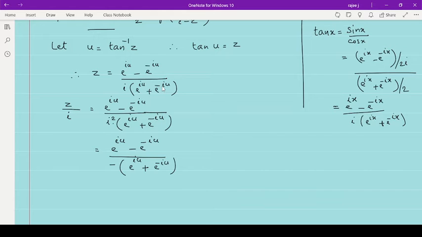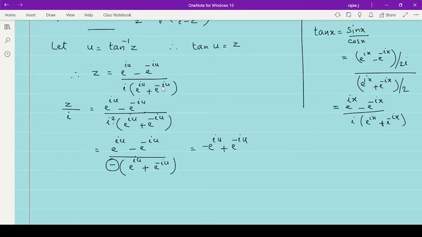So what we can do is take this negative to the numerator, or multiply the numerator with a negative sign. So the numerator becomes e raised to minus iu minus e raised to iu; this becomes positive, this becomes negative. Otherwise you can write minus e raised to iu plus e raised to minus iu as you like.